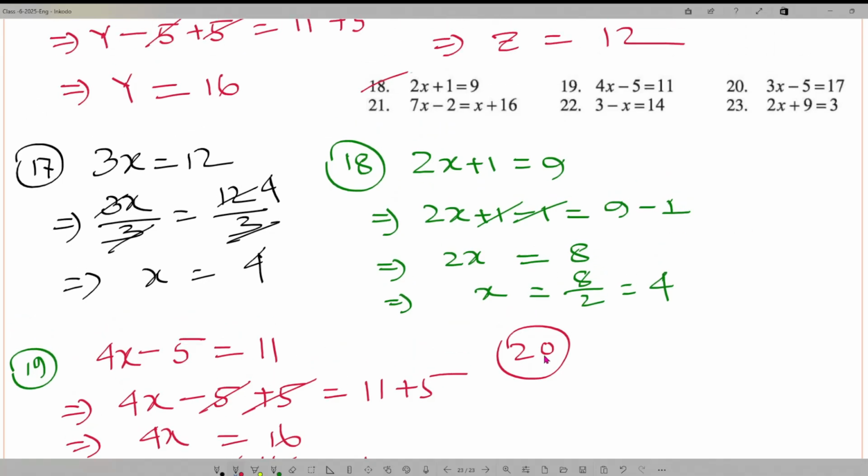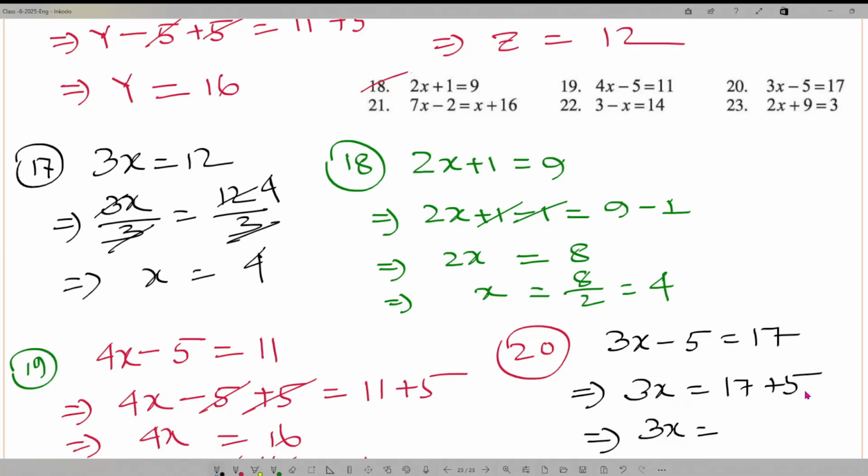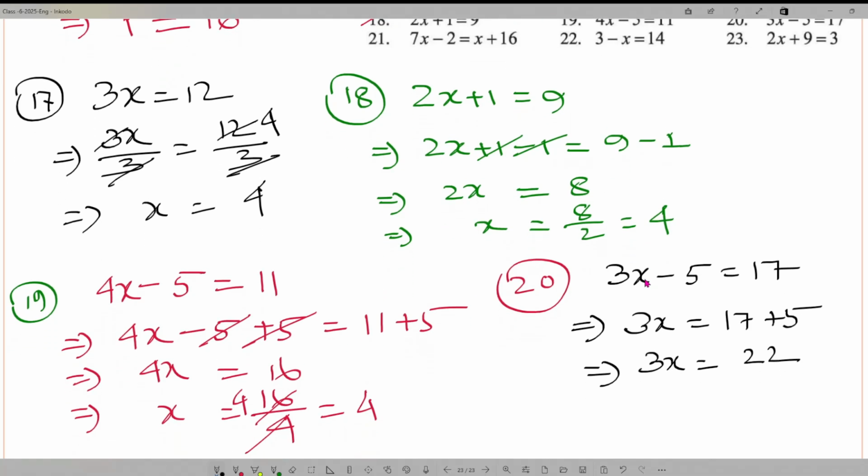what is the question? Here is 3x minus 5 equals 17, then 3x equals 17 plus 5, then 3x equals 22. Okay, is it okay?